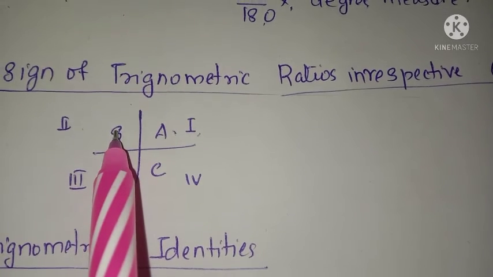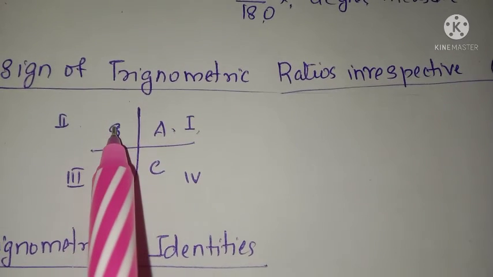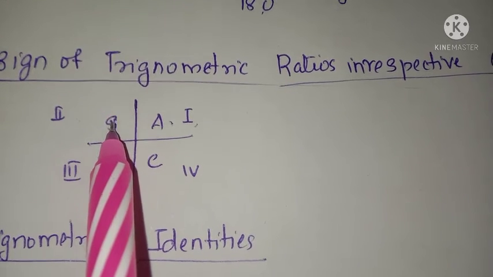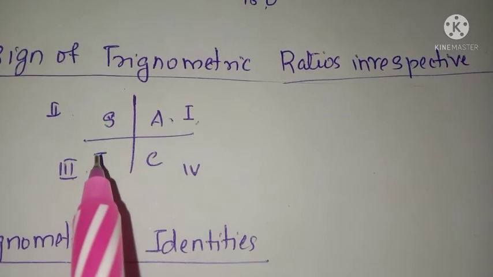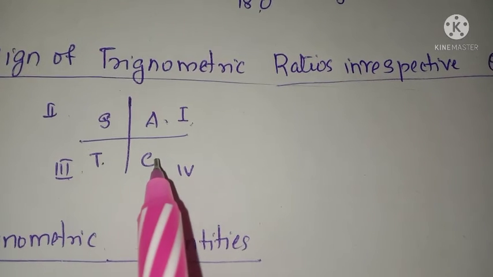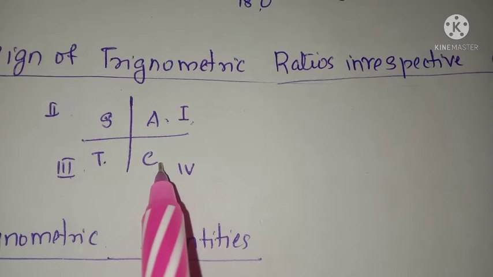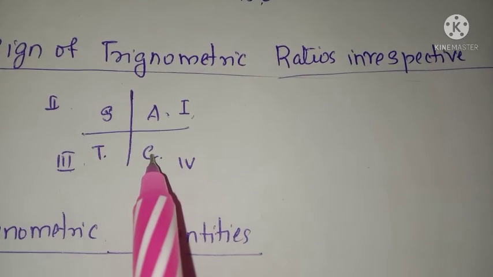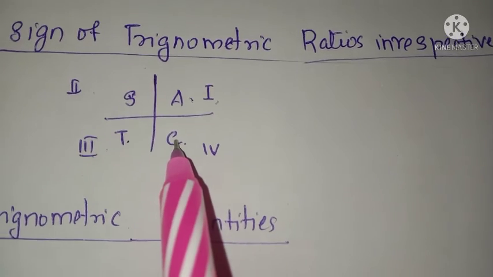In the second quadrant sine and its reciprocal are positive and all others are negative. In the third quadrant tan and cot are positive and the remaining are negative. In the fourth quadrant, cos and its reciprocal sec are positive. All the 4 remaining ratios are negative.